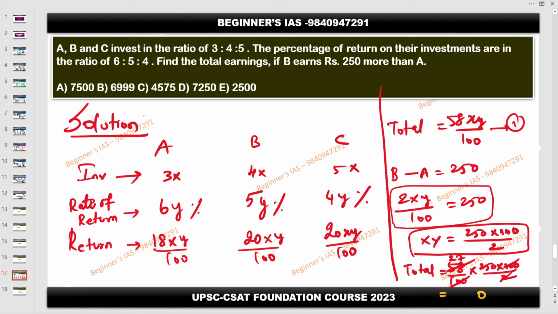Somebody asked, right? Yes, sir. Wrong. It should be 29, sir, not 27. Sure, 29.